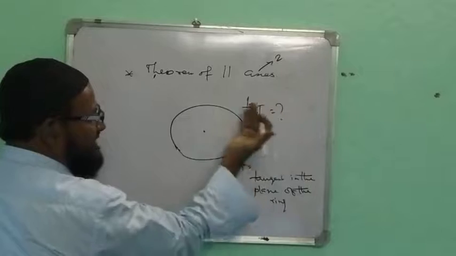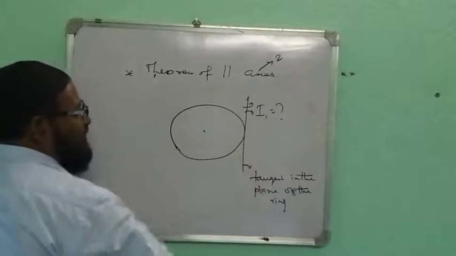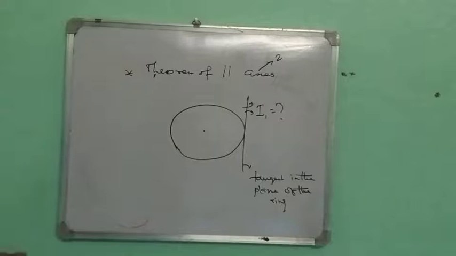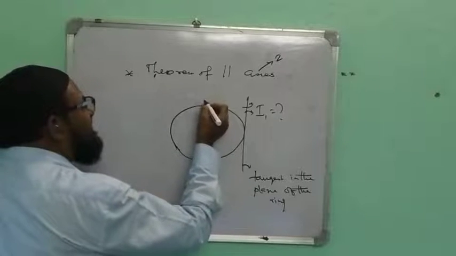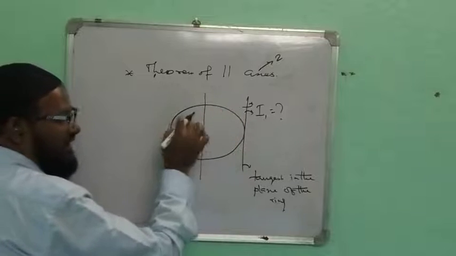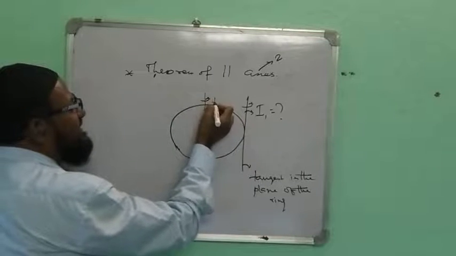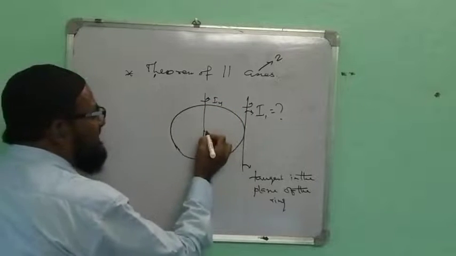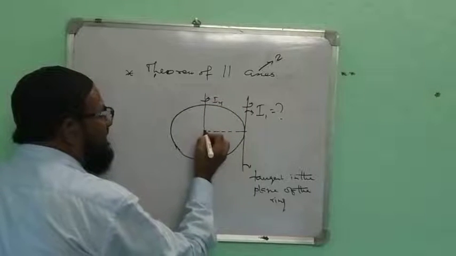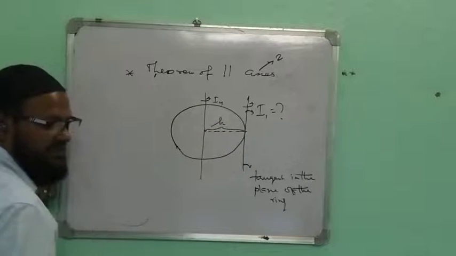Whole ring is moving; here is the contact. This I1 should be calculated. Now, here is important. This axis I am taking, this is I1. Please see here. In this case, this is h. This is h.